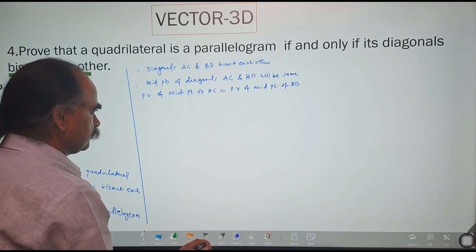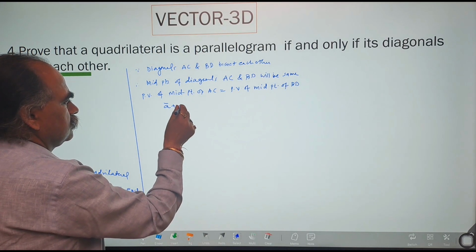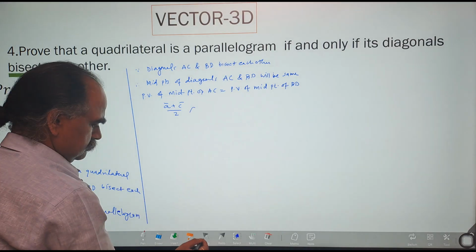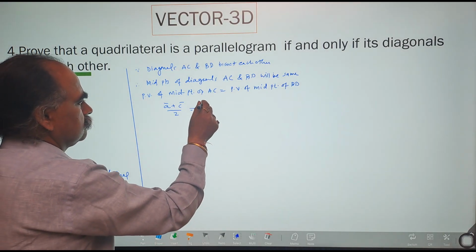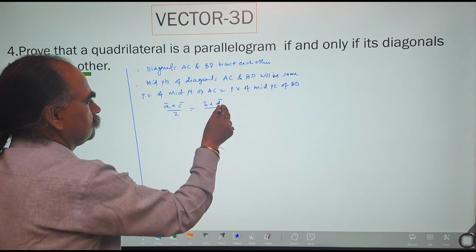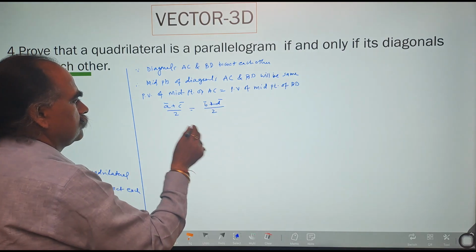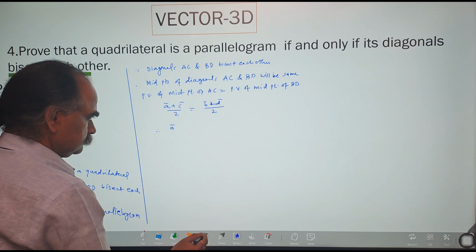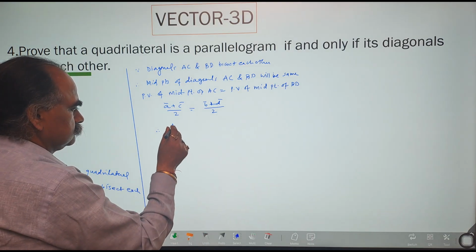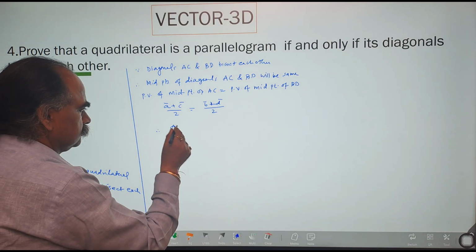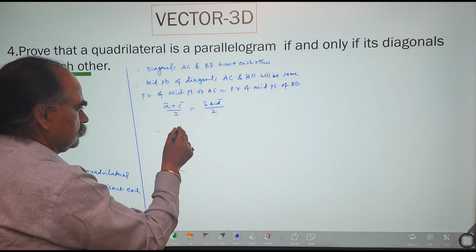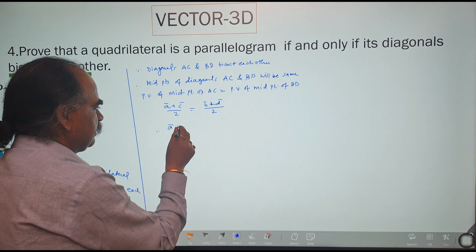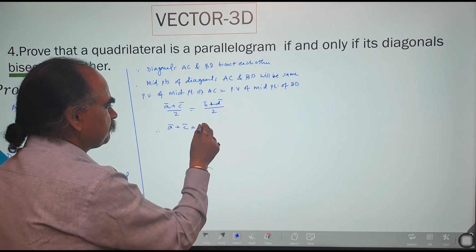A bar plus C bar upon 2 is equal to B bar plus D bar upon 2. So A bar plus C bar is equal to B bar plus D bar.